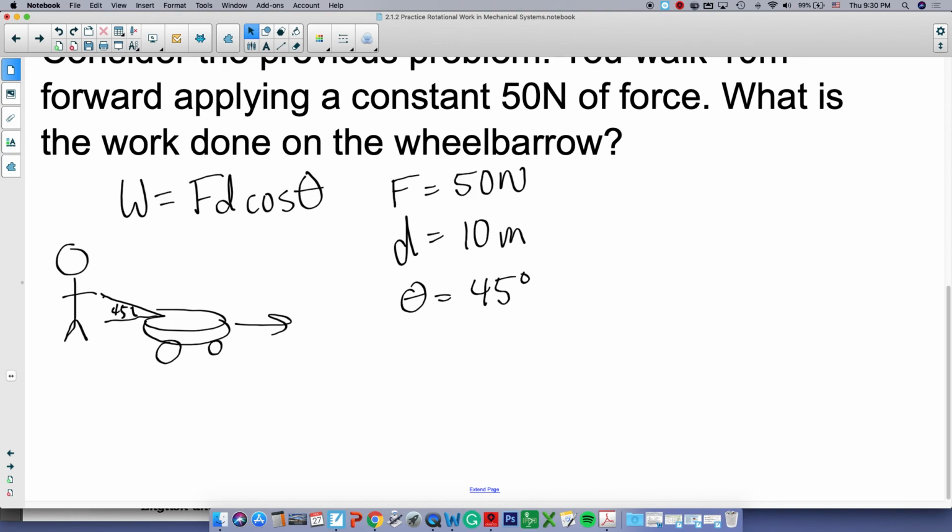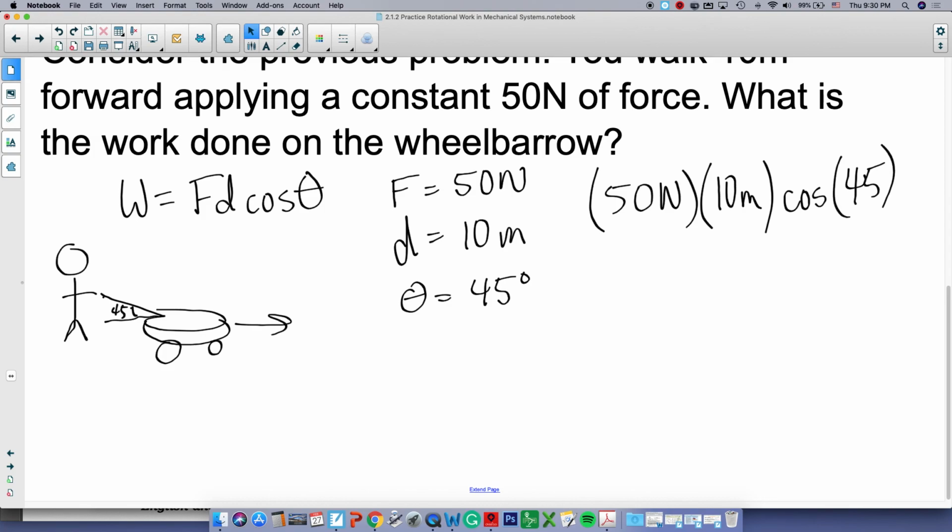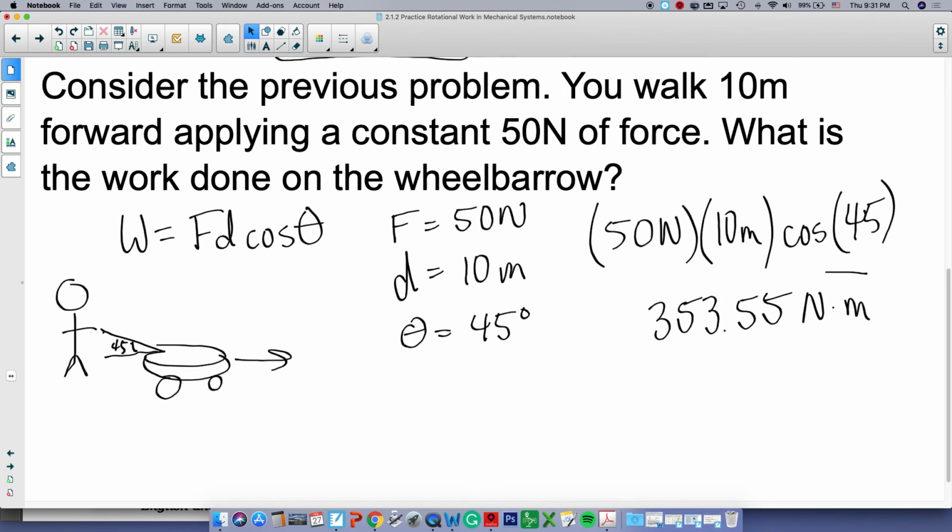So let's throw that in our formula: 10 meters and cosine 45 degrees. Put that in your calculator. That's going to be 500 cosine 45, and you get 353.55. And that is Newton meters. Okay, so that is your work done when you're pushing the wheelbarrow.